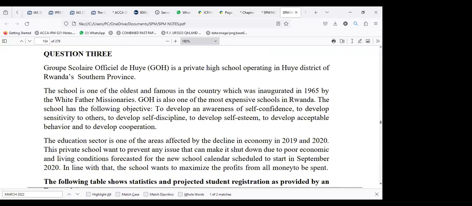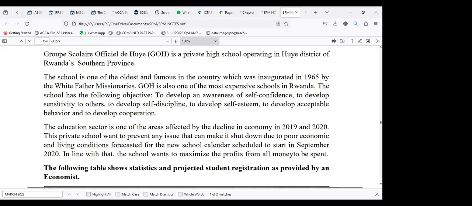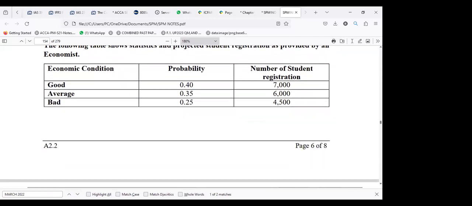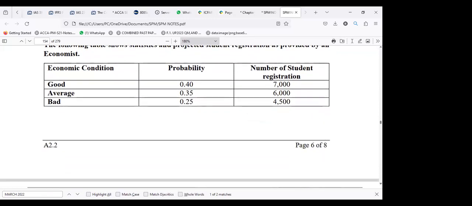This question 3C is about Groupe Scolaire de Huye, a private school which was operating in the Huye district. We did it somehow. The only part we left, I don't want to go and read everything else, because we already read it last time, and even if you were in class, we did.